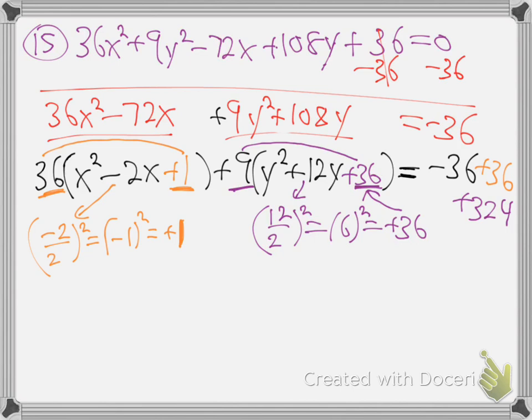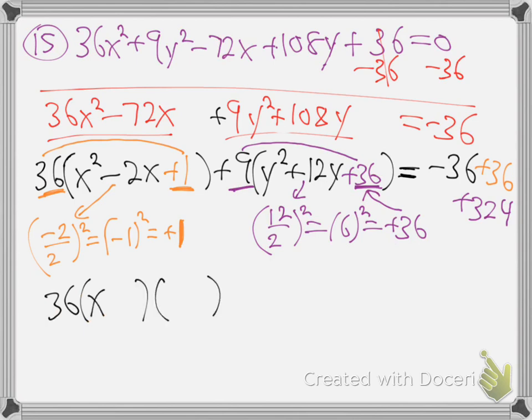Is that good? Does everybody see how I'm doing that? Now, those things should factor. They'll factor as parentheses squared. We gave them just what they need to complete them and make them factor as parentheses squared. So bring it down. Everybody tracking with me?